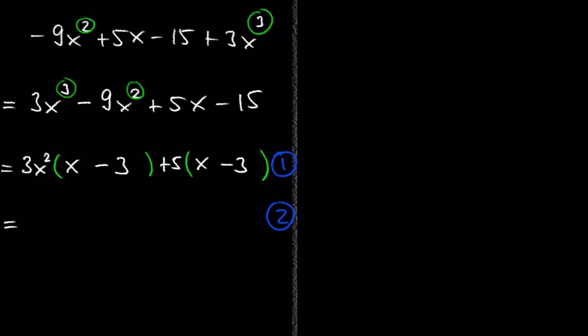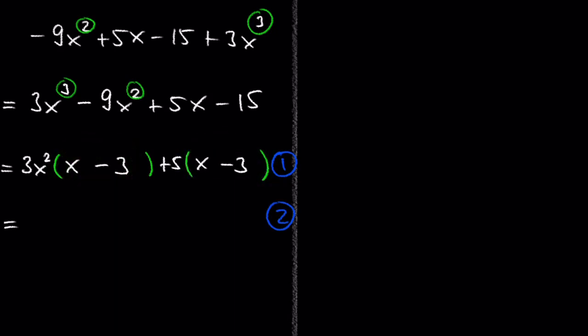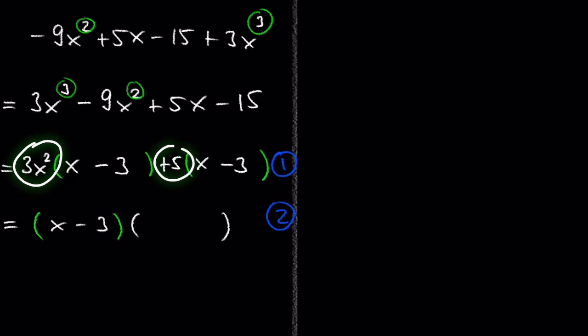By the way, if these two terms are the same, you are on the right track, which means factoring by grouping works in this example. So when we factor out x minus 3, what's left over is 3x squared plus 5, which is then our second factor.